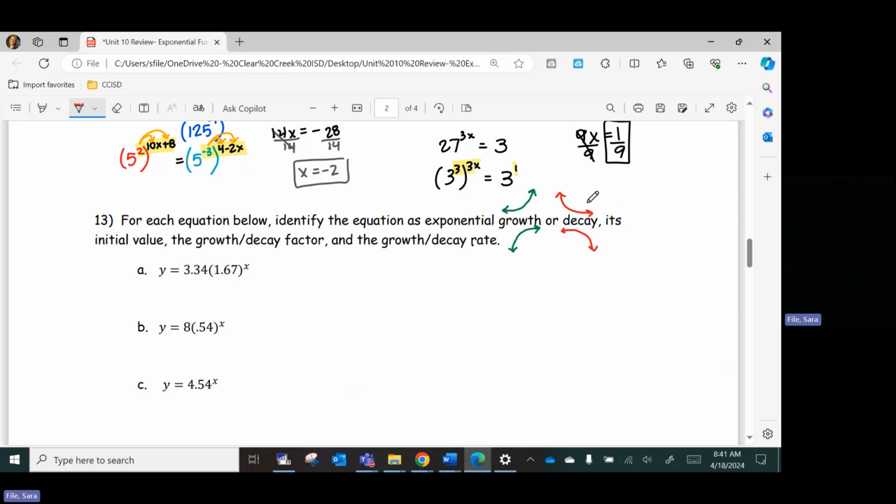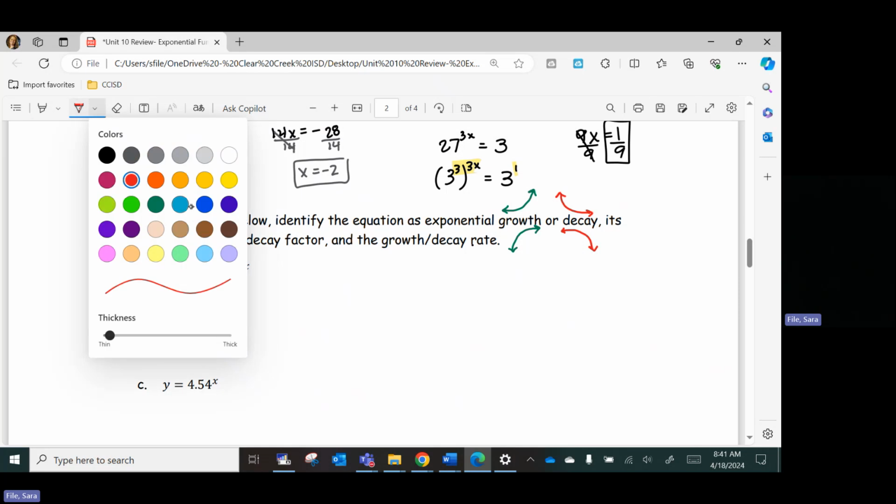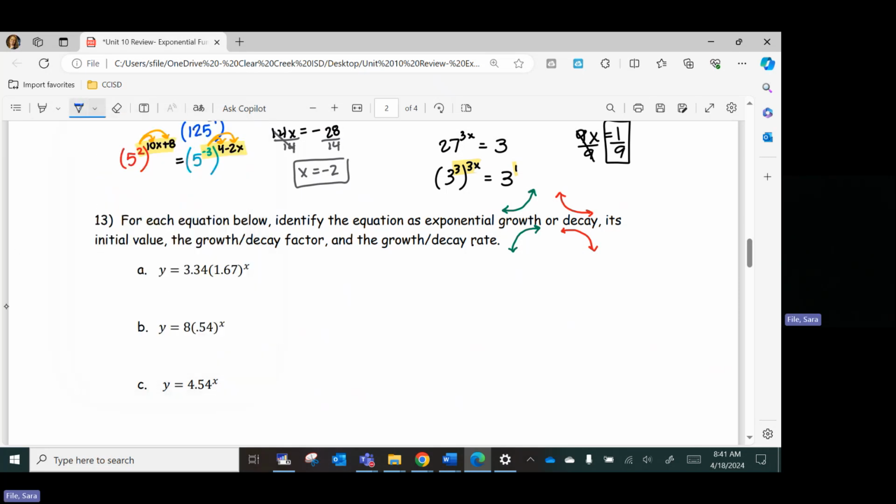The initial value, that's A. The initial value is your A. It's what's multiplied in front. So I'm going to just box that in on all of these. So this is A. This one, does it have an A? If there's no number in front of the base value, what's A understood to be?